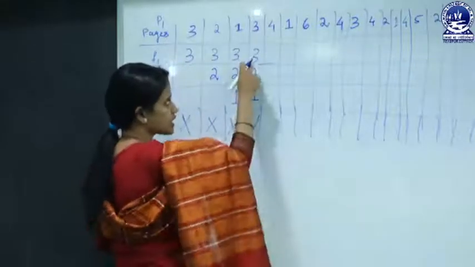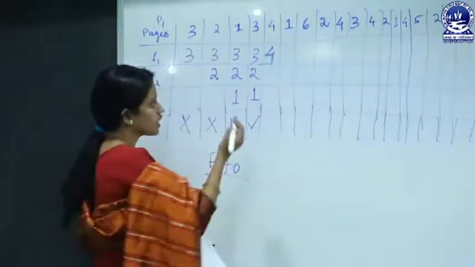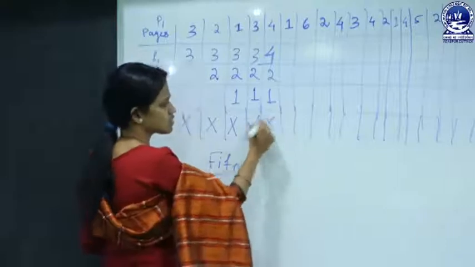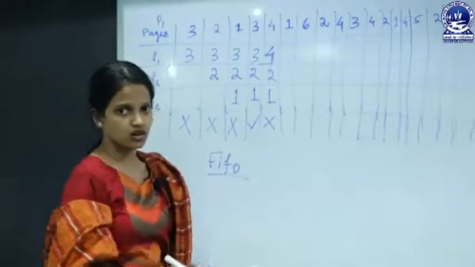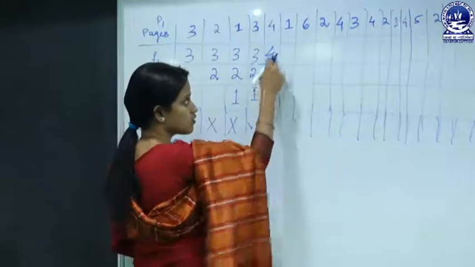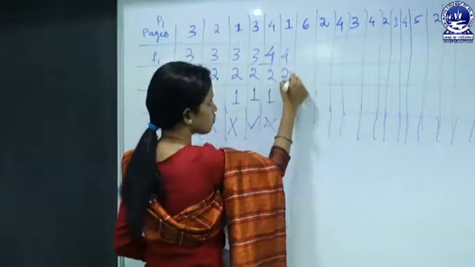So in place of 3, we put 4, then 2, 1 is there. Okay, there is also a page fault, as 4 was not there in the main memory. Next is 1. Yes, 1 is there. So 4, 2, 1, a hit.